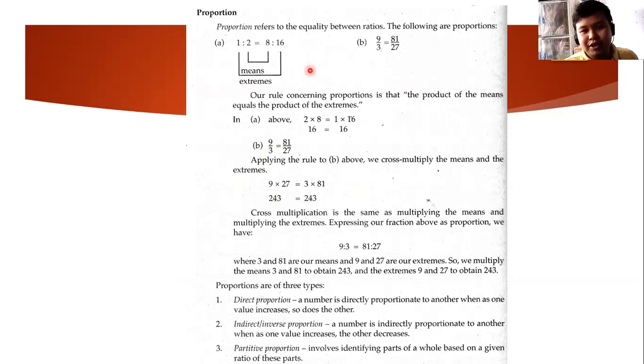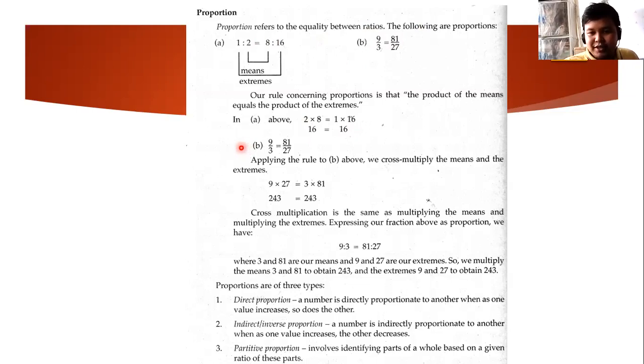So there are two ways. When you use a ratio, use the means and extremes; the means are inside and the extremes are outside. But when it is a fraction, use cross multiplication. You multiply so that both are equal, because proportion refers to equality between ratios or even fractions.